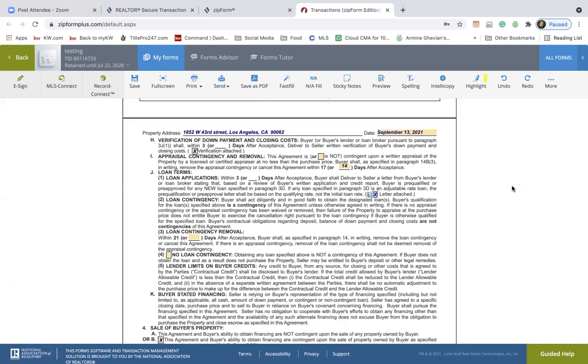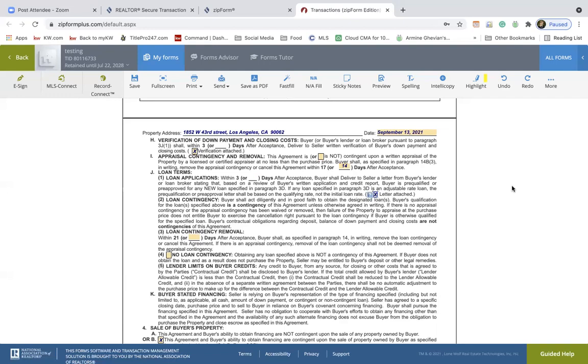But I ask them for a DU approval, meaning that the borrower has to fill in an application, their credit has to be run, the verification of down payment should be checked, everything has to be checked except title and verification of employment. But DU approval has gone through underwriting. That's the kind of approval I'm looking for, and that's the kind of approval most of the listing agents are asking for nowadays. Okay?